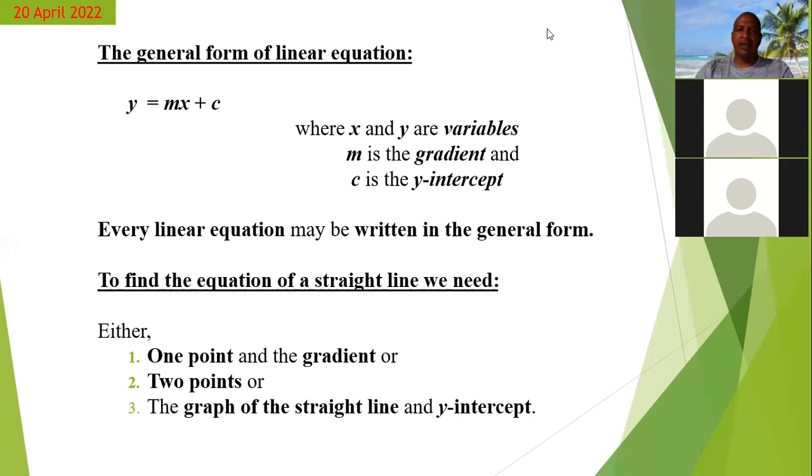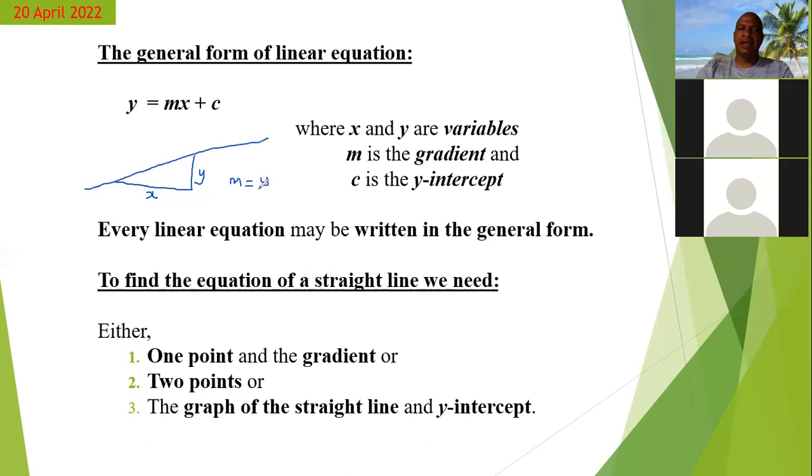Now, to find the gradient of a line when you have it on a graph, what you need to do is to simply construct a right angle triangle to it. You find the length of the base in terms of x. You find the height of the leg of the triangle in terms of y, and the gradient, which is m, would be equal to y divided by x.